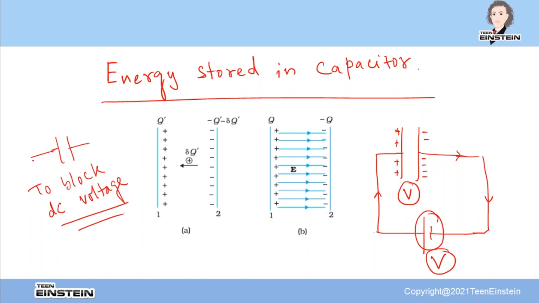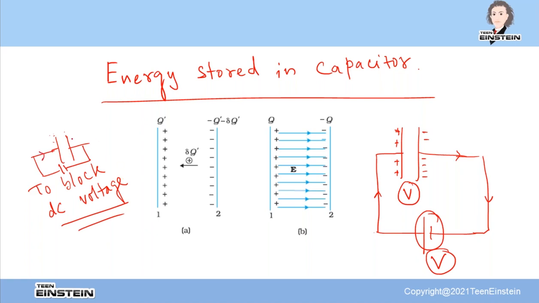When current flows, progressively the capacitor will get charged and charged until the potential difference between the two plates becomes the potential difference between the positive and negative terminals of the battery. Till then it will charge. After that it will not allow the current.